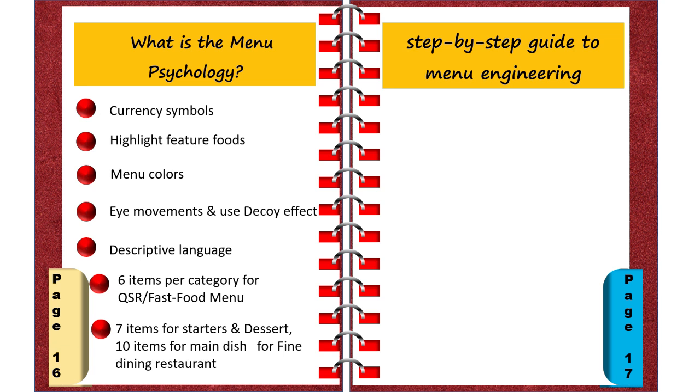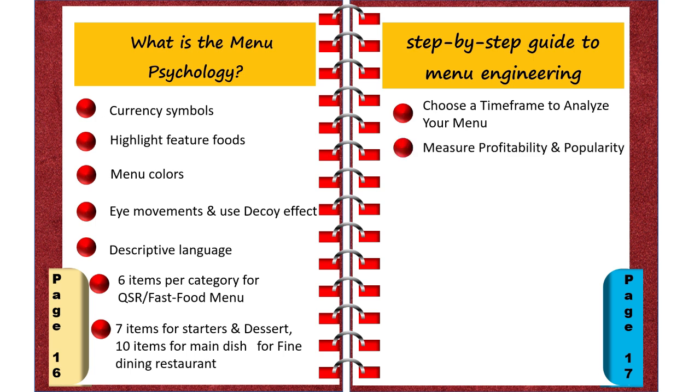Now, a step by step guide for menu engineering. Choose a time frame to analyze your menu. Once you launch a menu, let it perform for a specific period of time. Maybe your management decides that every 4 months it will be relooked at, analyzed, and decisions will be taken accordingly on how the items are performing. So that time frame you have to follow.